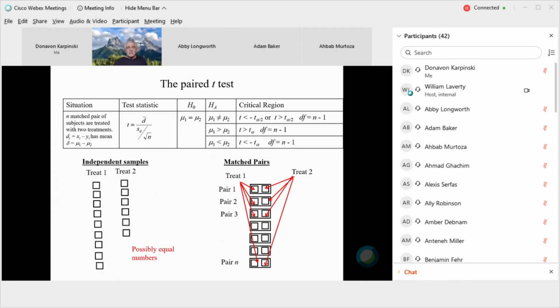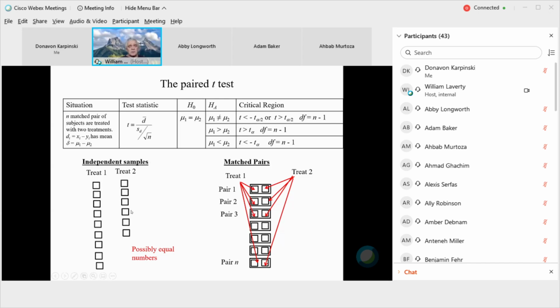The paired test. Here you have independent samples. That's the independent t-test. The paired test, you have the subjects matched up into matched pairs. One subject receives treatment 1, the other one receives treatment 2. We then do basically a one sample test to see if the differences between treatment 1 and treatment 2 are 0 or possibly positive.